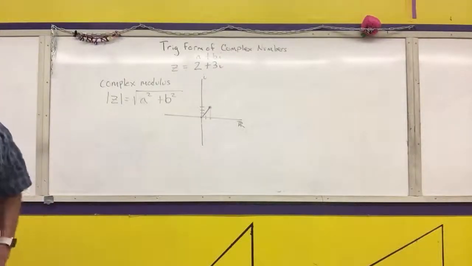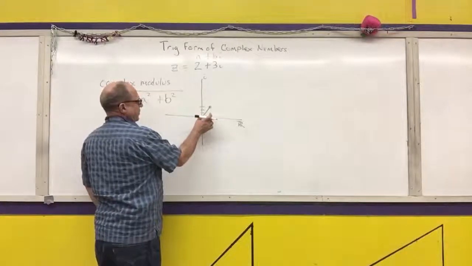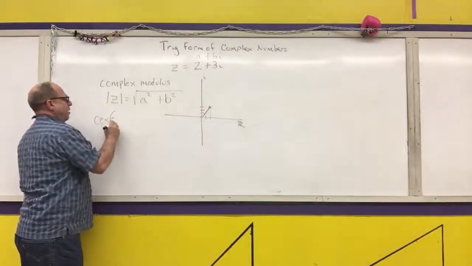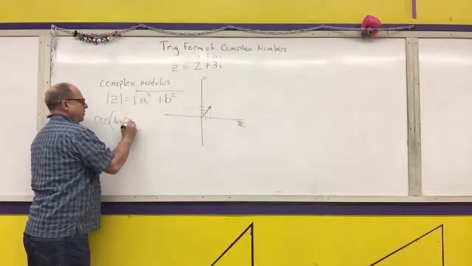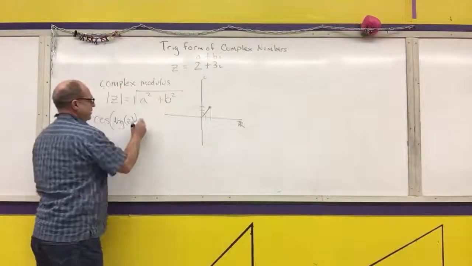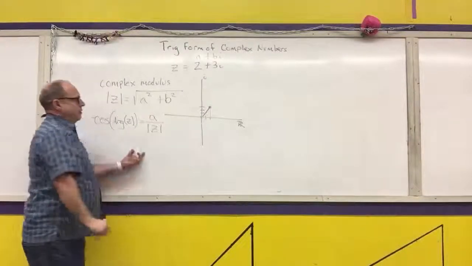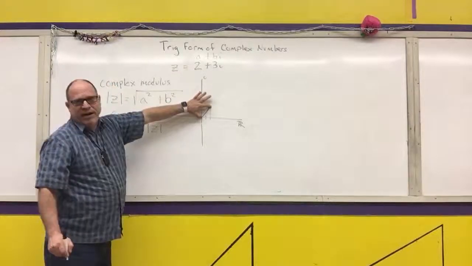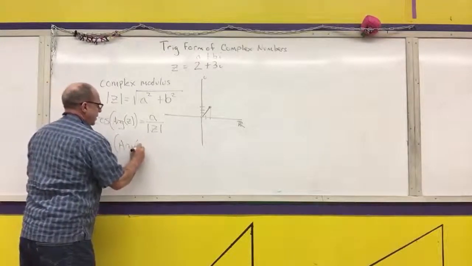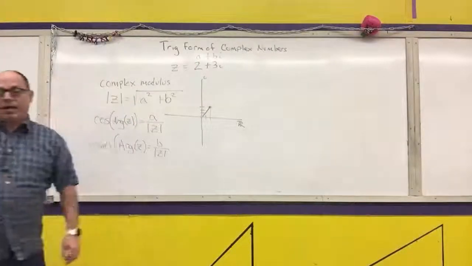And from when we did vectors, we also learned that the cosine of the argument of z, which is the angle that you would make with the positive x-axis, is equal to the real component divided by what we called in the vector component the radius, and that the sine of the argument of z is the vertical component over the complex modulus.